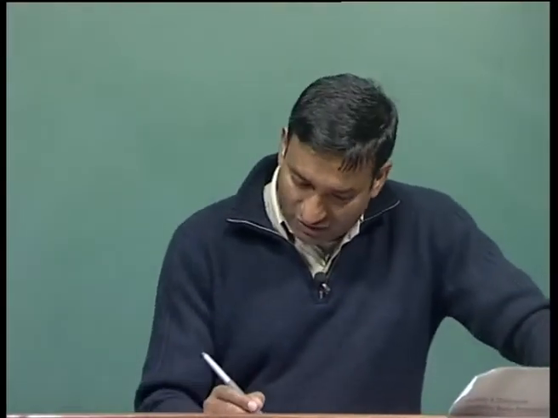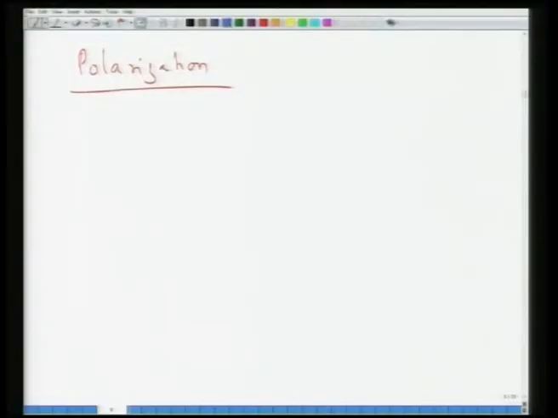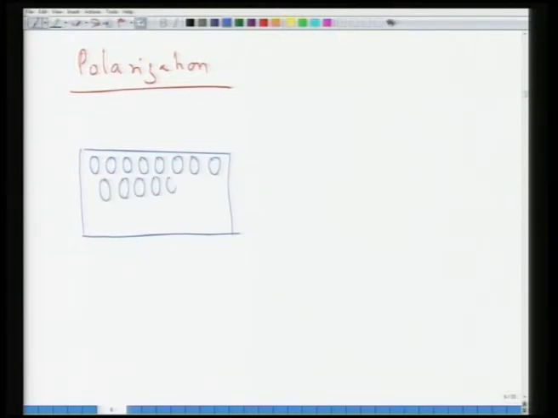So, let me draw a schematic drawing of a material which is, let us say, polarized. You have this schematic material in which you have these segments where polarization is taking place.